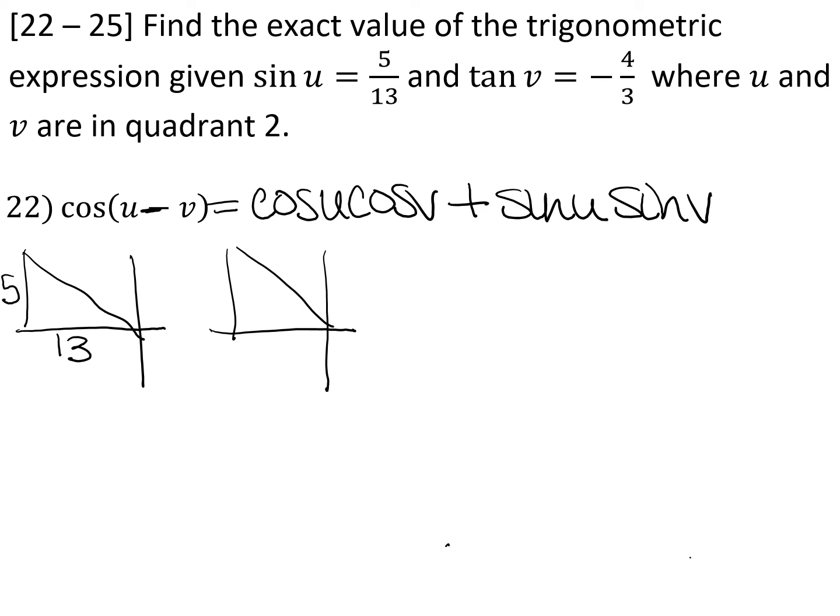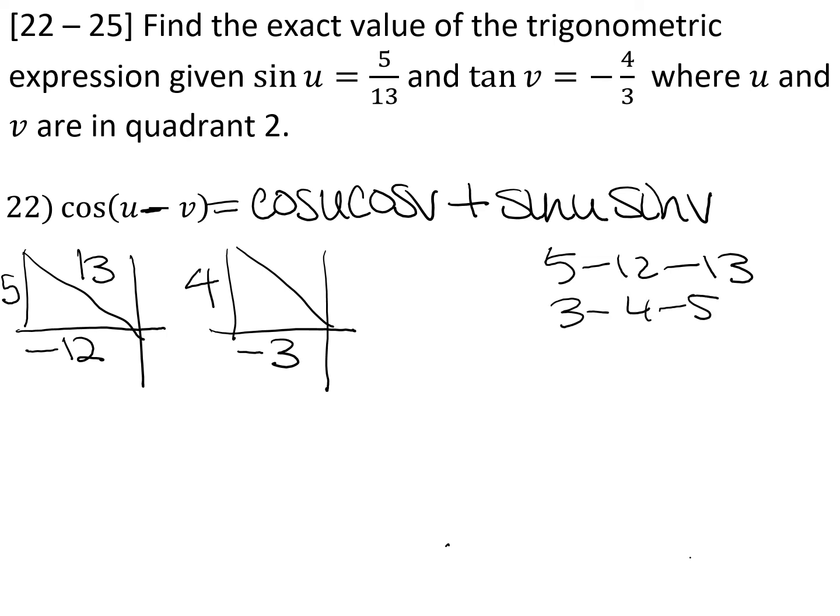Nope, 13 is the hypotenuse. And then that would give me a negative 12, because it's a Pythagorean triple. So I'll write that one down. It's a 5, 12, 13. And then over here we have a negative 4 and a 3, so that would be 4. The negative has to go here because that's where our x's are negative. This is a 3, 4, 5, and so this would be 5.